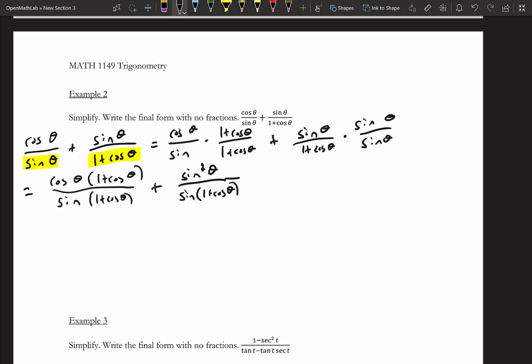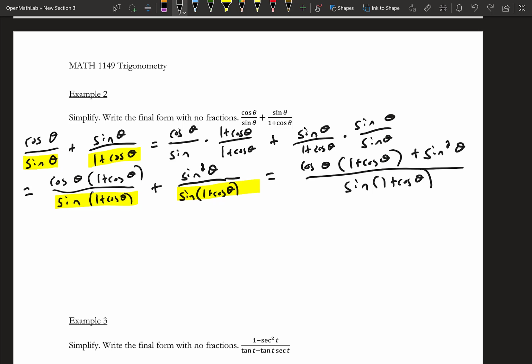Now notice we have common denominators. This denominator matches this denominator, so we can add these fractions together to get cosine theta times 1 plus cosine theta plus sine squared theta, all over sine theta times 1 plus cosine theta.